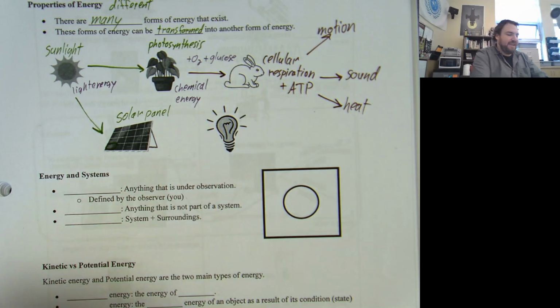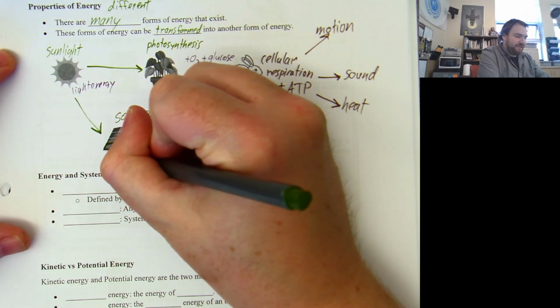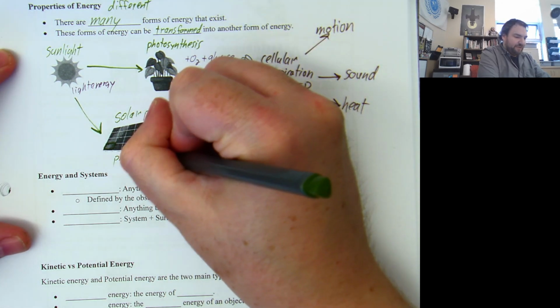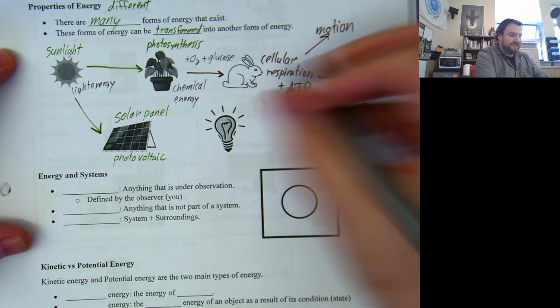Nobody? Okay. They are called photovoltaic cells. Photo for light, voltaic.